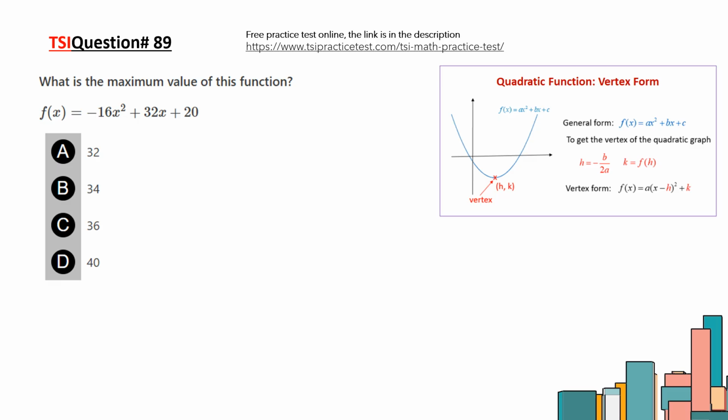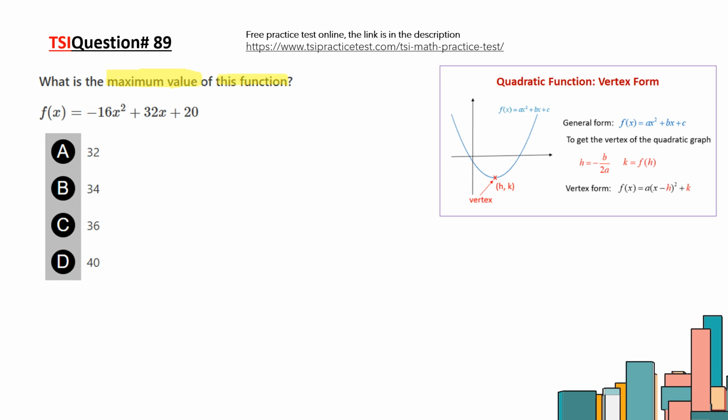What is the maximum value of these functions? f of x equals negative 16x squared plus 32x plus 20. So we have the keywords here: the maximum value of what? Of these functions.